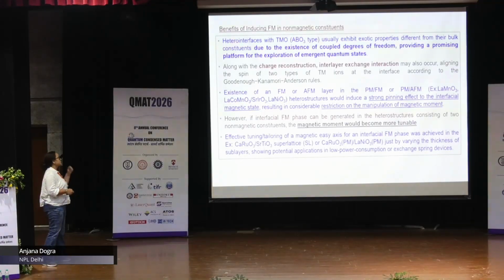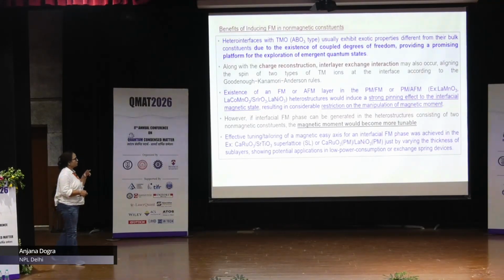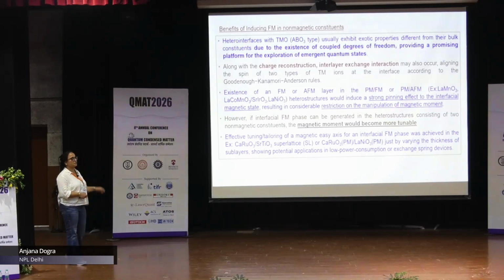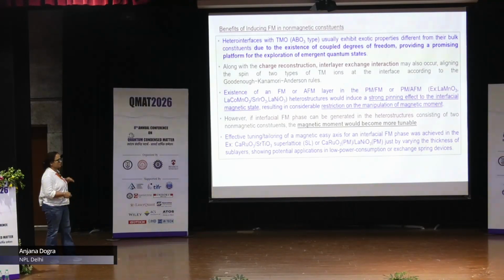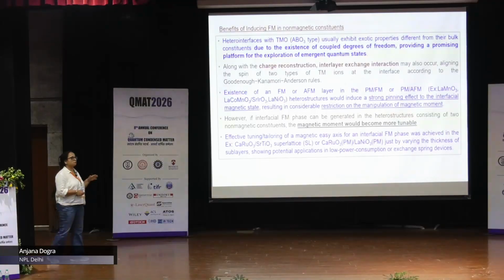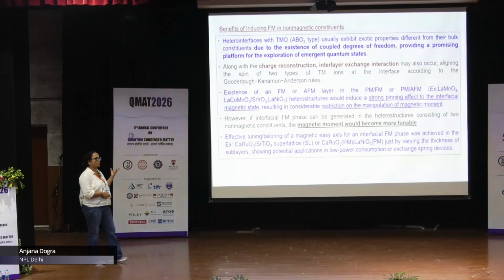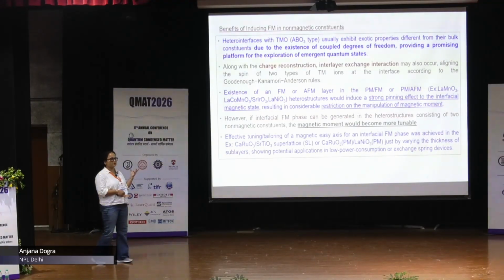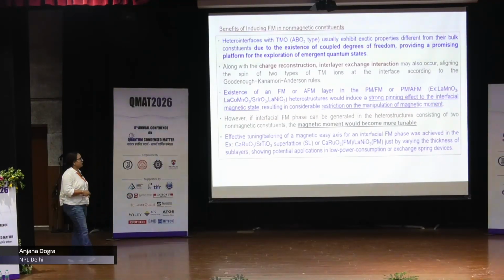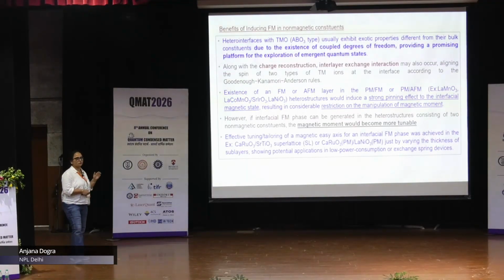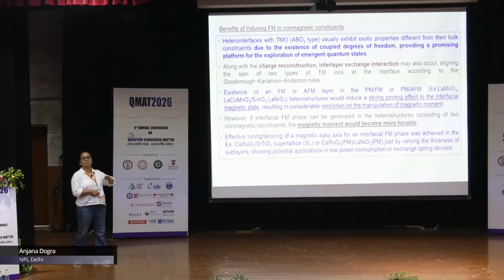And second, if you talk about the interfaces, charge reconstruction and interlayer exchange interactions can take place, which can introduce a lot of unique properties in these kinds of materials. A lot of work in the literature exists on combinations of ferromagnetic or antiferromagnetic layers with paramagnetic layers.